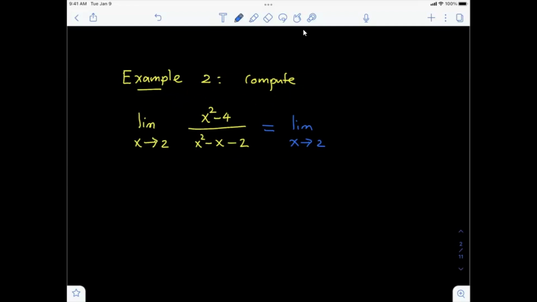So let's simplify. The top is x minus 2 times x plus 2, divided by the bottom, which is x minus 2 times x plus 1.